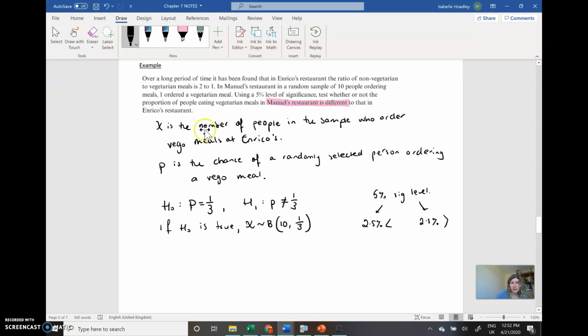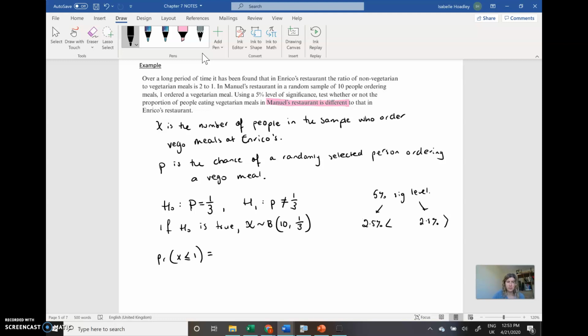Okay, now from here, the next thing that we need to do is to set up our test. Now, in Manuel's restaurant, a random sample of 10 people ordering a meal, I ordered a vegetarian meal. So that's me being one person out of 10. So the probability that x is less than or equal to 1 is what we're going to test for.